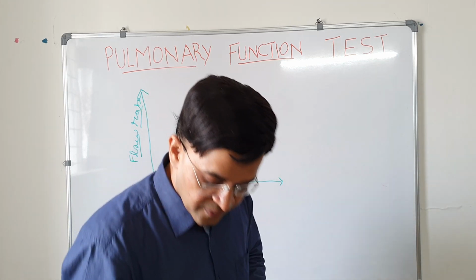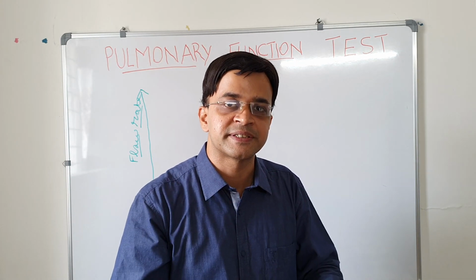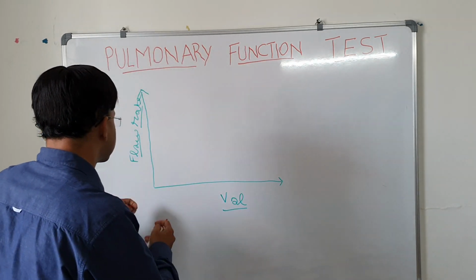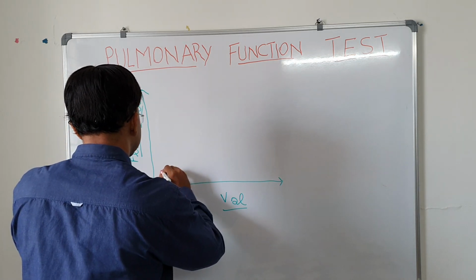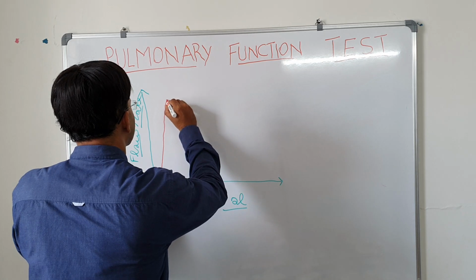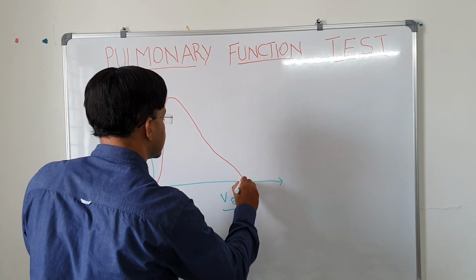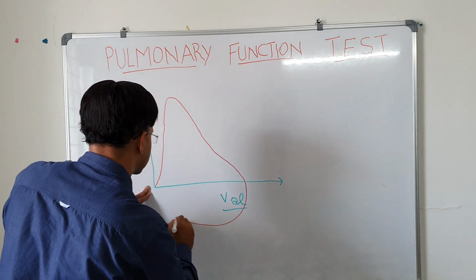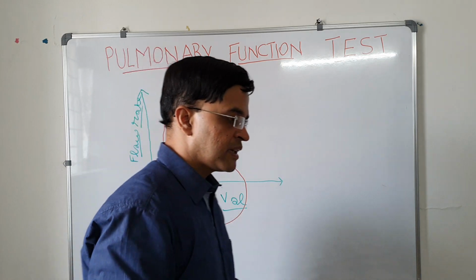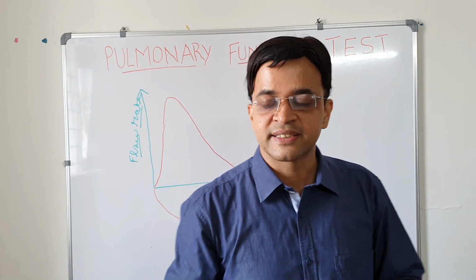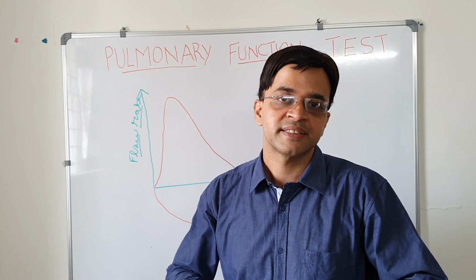And when we tell the patient to blow the air, we get a loop like this. Initial part brisk, then this, then this. Now we have to understand why it is shaped like this.